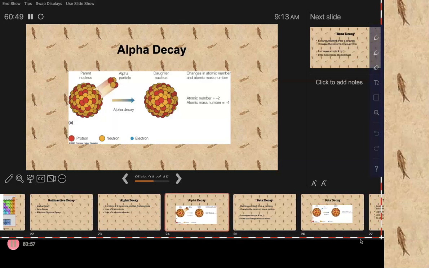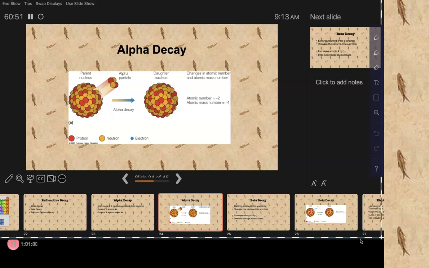Here's a better way to look at it. Yeah. But 2 protons and 2 neutrons, not just 4 of anything. Because if you kick out 4 neutrons, you're going to stay the same element.